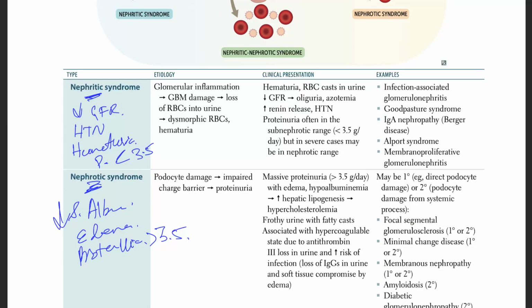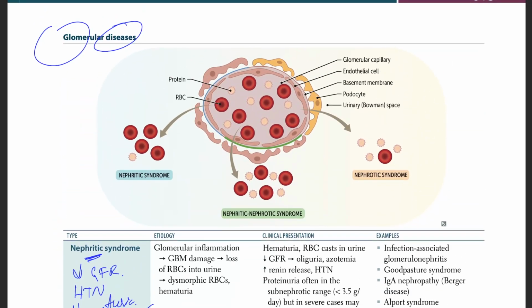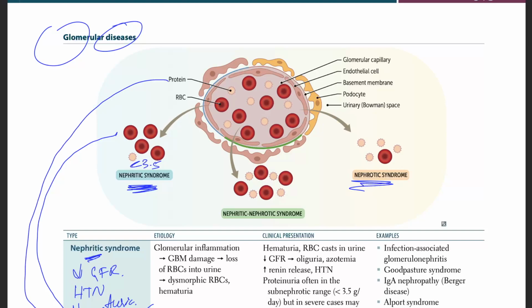So let's now read what the book has to say. Okay, so this is the nephritic syndrome, and this is the nephrotic syndrome. In nephritic, we have hematuria. We can see it from the RBCs coming out. We have the proteinuria, but look at the proteins, they're very minimal, less than 3.5.